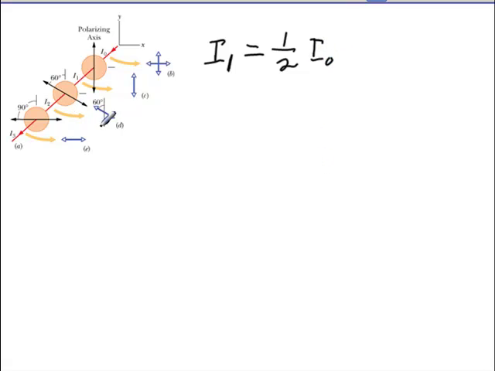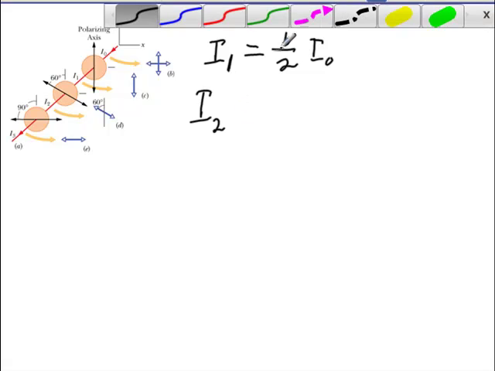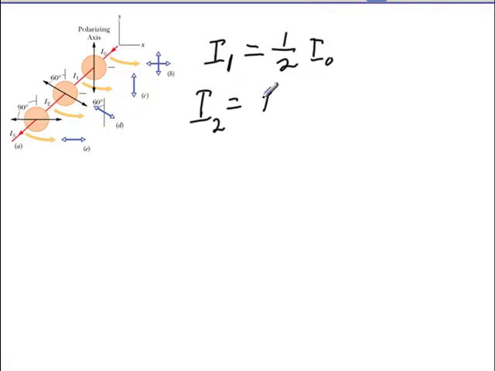Now for the light going through from I1 to I2, I2 is equal to I1 times the cosine squared of the angle between those, which in this case is 60 degrees.